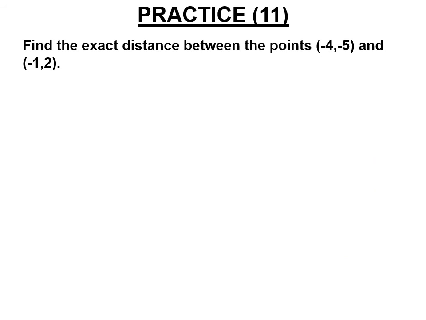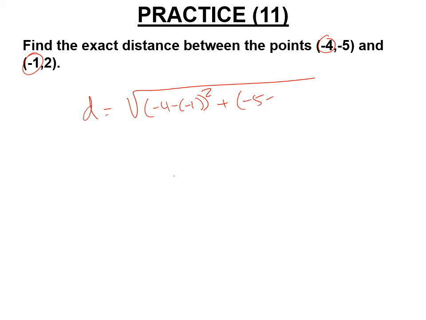Okay, so I'm going to use the traditional distance formula for this since there's no picture. So I'm going to subtract my x's first. -4 minus -1. And I square that whole thing. And I need parentheses around the parentheses there. And then I'm going to do -5 minus 2. That's -5 minus 2, yeah, squared.